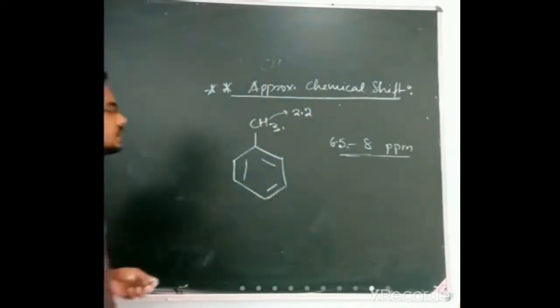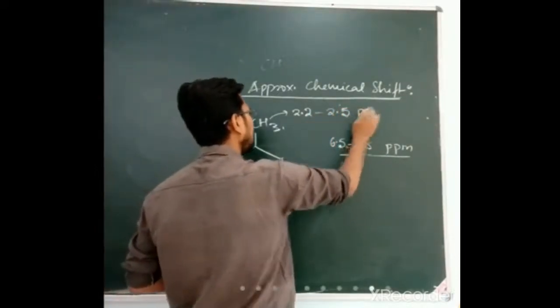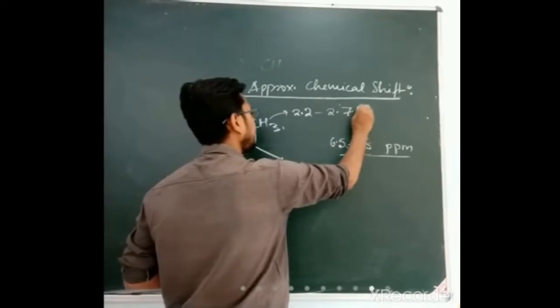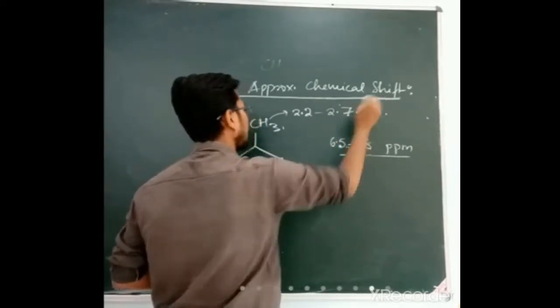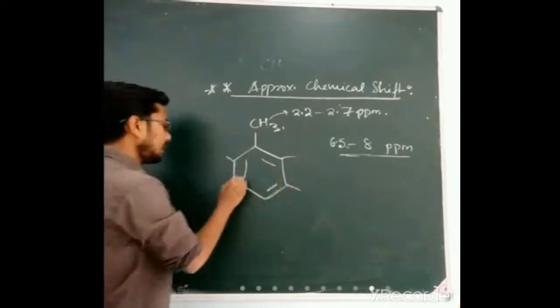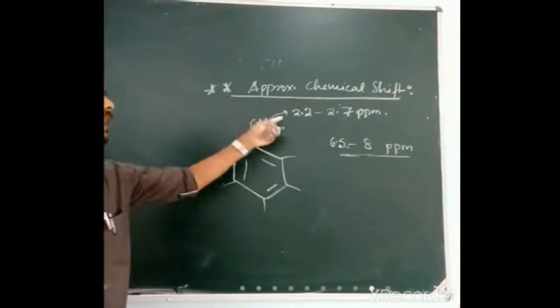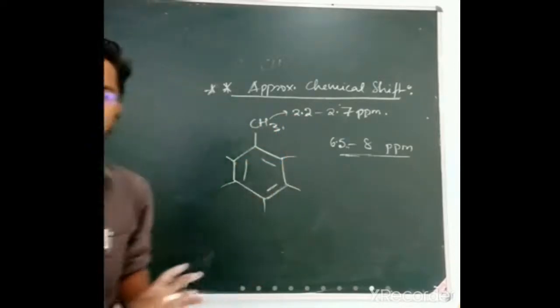If I have to write a region, then 2.2 to 2.7 ppm. So these hydrogens come in the 6.5 to 8 region, but these hydrogens come in 2.2 to 2.7. You should remember this.